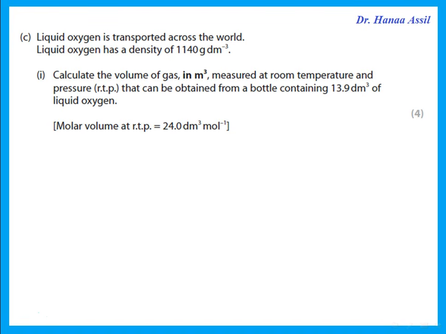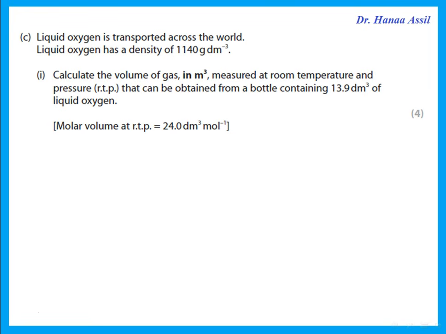Liquid oxygen is transported across the world. Liquid oxygen has a density of this. Calculate the volume of gas in meter cubed measured at room temperature and pressure that can be obtained from a bottle containing 13.9 decimeter cubed of liquid oxygen.